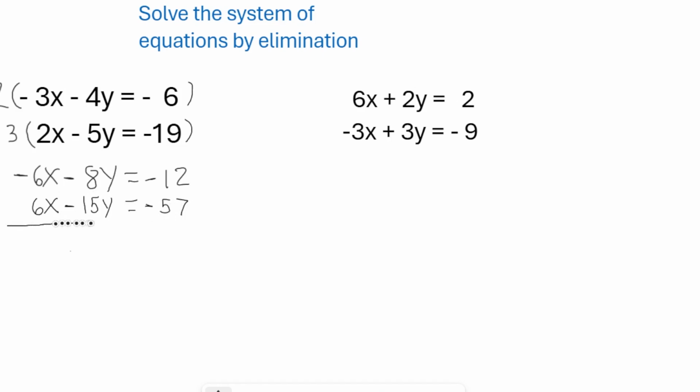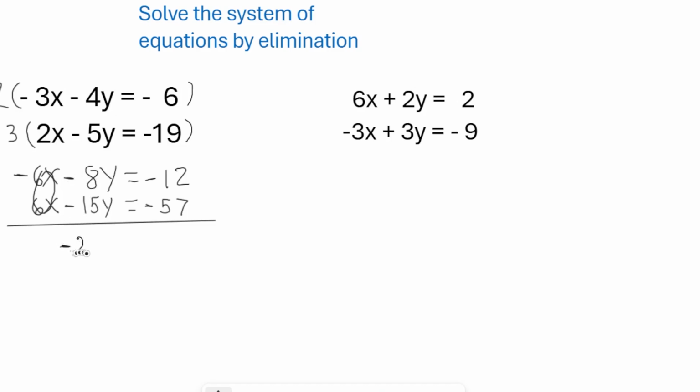The next step is I'm going to just add it up. And when I add it up, you can see these two will cancel. That's how we're going to get 0. Now, adding these two, you can see they have the same sign. Add it up and keep the sign.